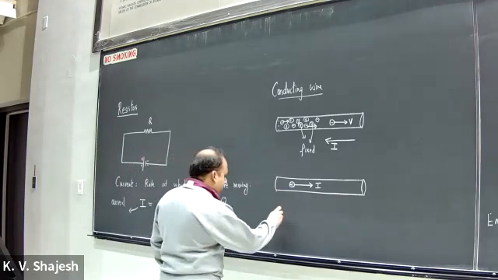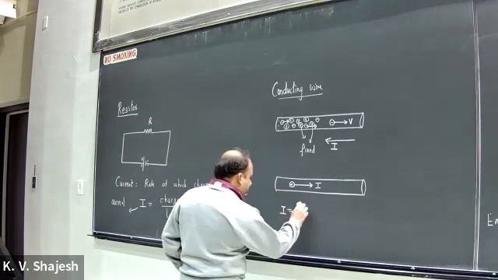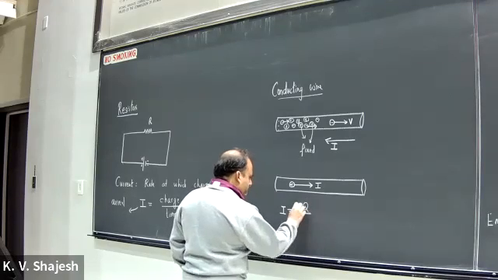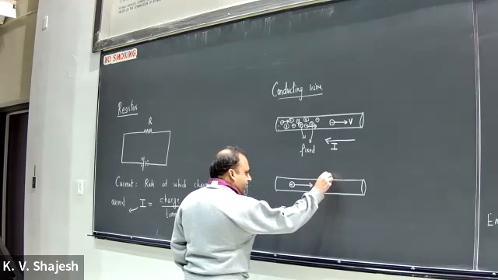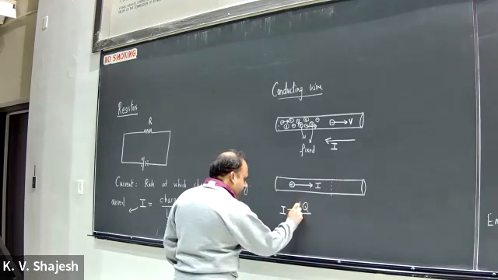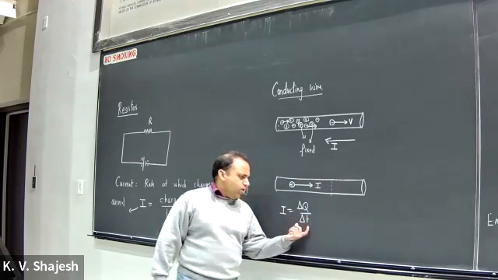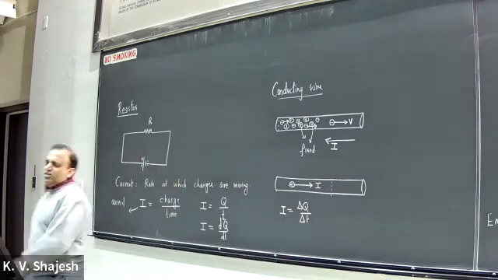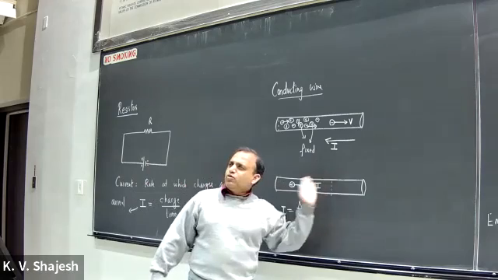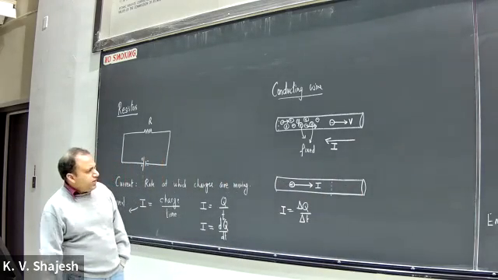So let's think of current as really a charge per unit time. Let's say you have a filter in here and there is a sensor that really counts, by delta Q over delta T, in a certain amount of time, how much charge is crossing that particular plate, if you want to stand there and really count the number of charges.